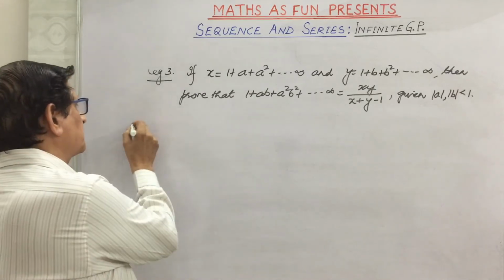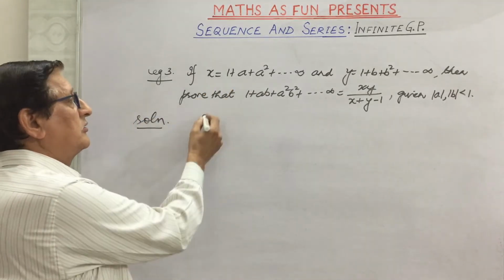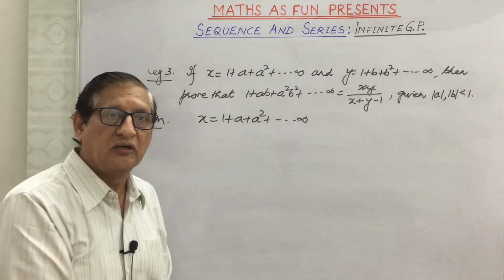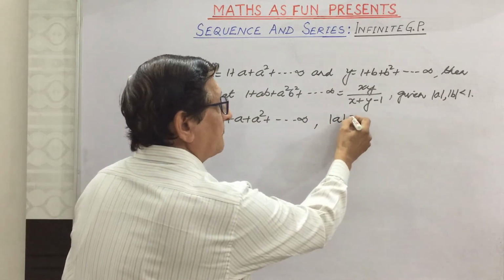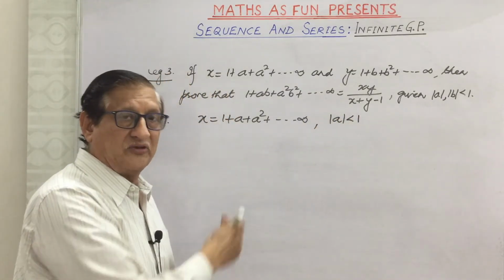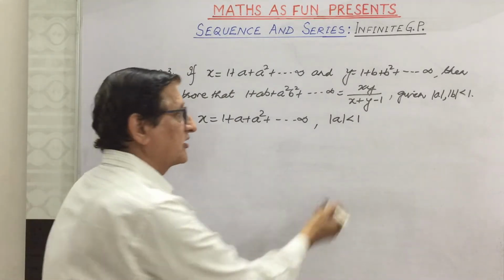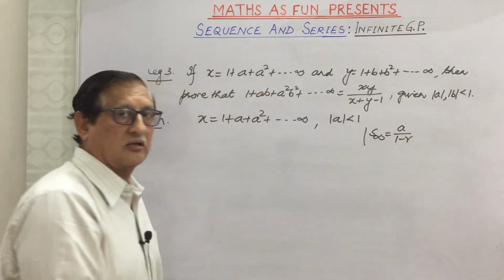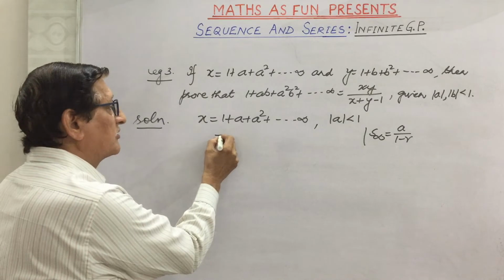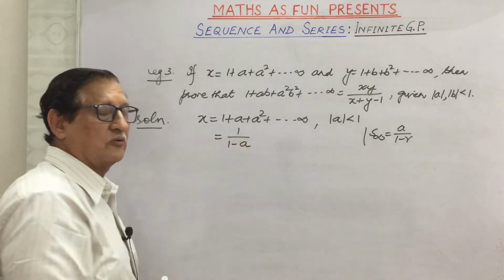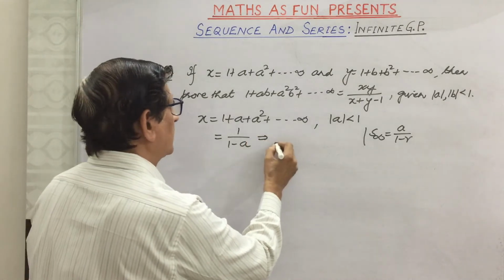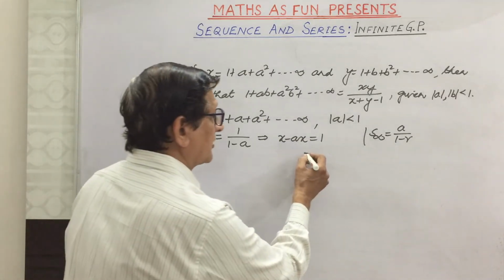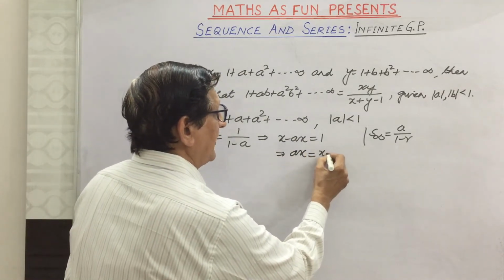To find the solution of such a problem, we write x equal to 1 plus a square plus so on up to infinity. It is given that a is less than 1, which is the common ratio here. Then we can apply the formula, sum of infinite terms is a upon 1 minus r. In this case the sum is 1 upon 1 minus a. If we cross multiply, we get x minus ax equal to 1, so ax is equal to x minus 1.